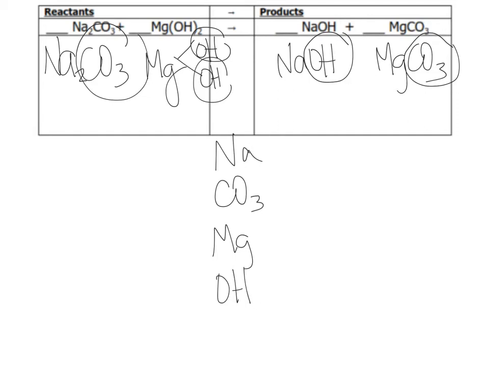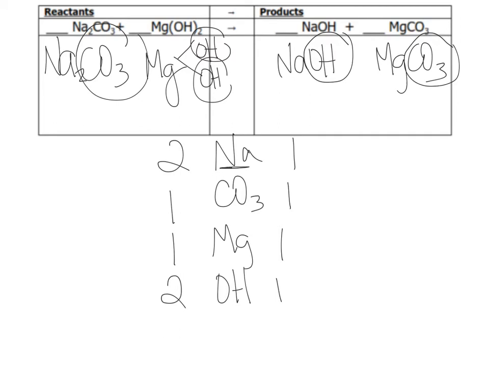List all of our elements and do an inventory. So I've got 2 and 1. I've got 1 and 1, 1 and 1, and my OH groups I have 2 and 1.